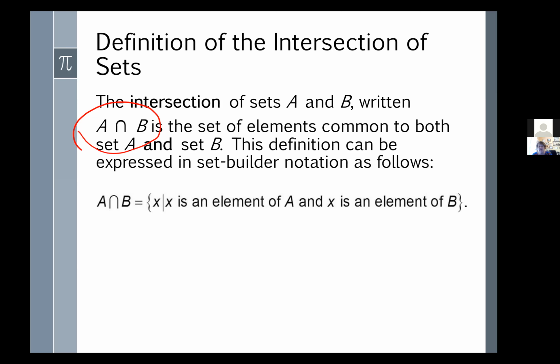So an intersection is the elements of the two sets that they have in common. It's in A and it's in B. So for intersection, we use the word and. It's an element in A and it's an element in B.